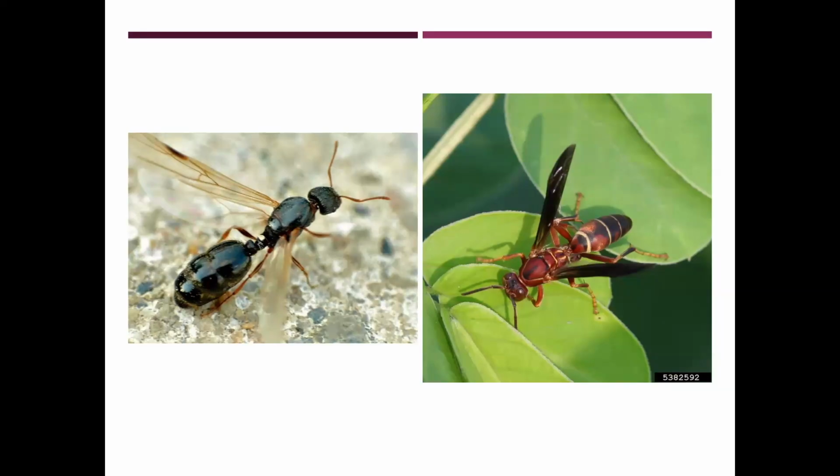So I can identify some of them just because I know. But if you're finding ant swarmers and you don't know what it is, it's always a good idea to look in that area and see what worker ants you have wandering around. And that can give you a key as to what type of swarmer you might be dealing with.